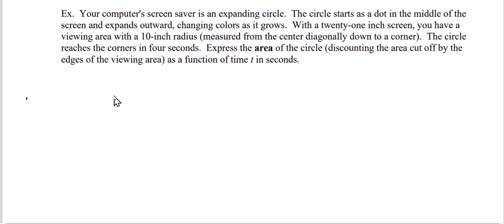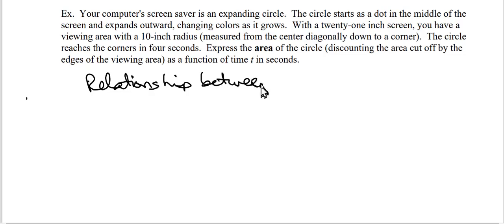We want to know area, but we want it as a function of time. So we need to think here about the relationship. I think first we want a relationship between radius and time.